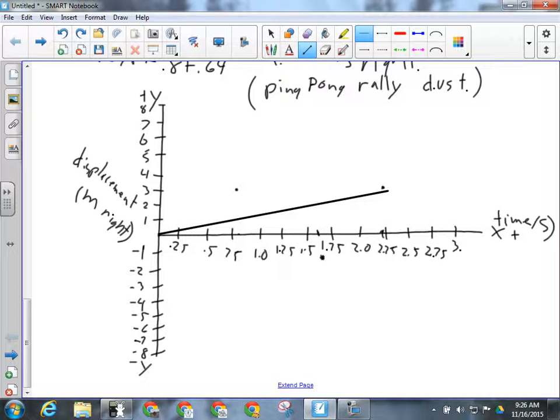But it's still valuable to see how they draw the lines. We're finding the trend of the points, and they're trying to follow the trend. Now, we calculated that the average velocity of this object was 1.37 meters per second to the right. I'm betting that the slope of this line would be something close to that.